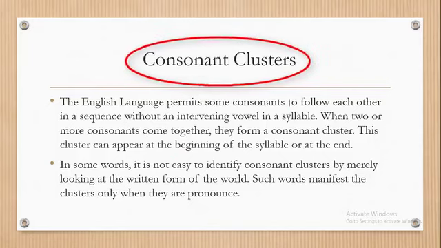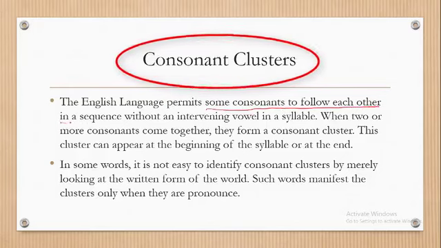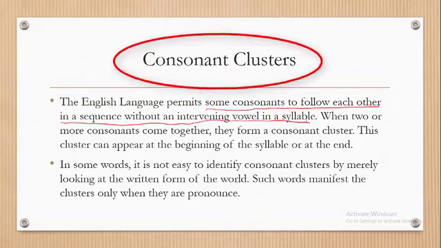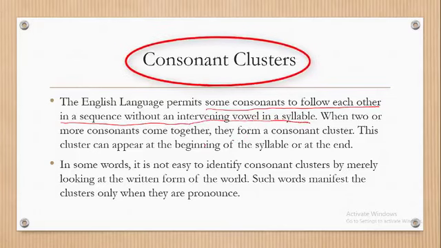So don't forget that definition. Some consonants are permitted to follow each other in a sequence without an intervening vowel in a syllable, and we're going to be looking at many examples of that today.